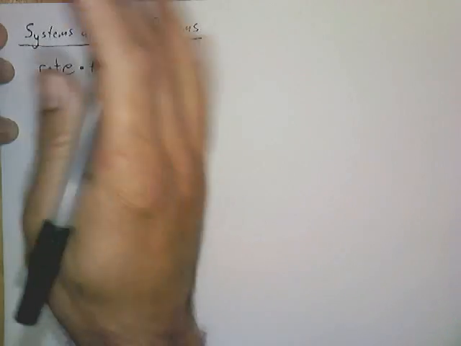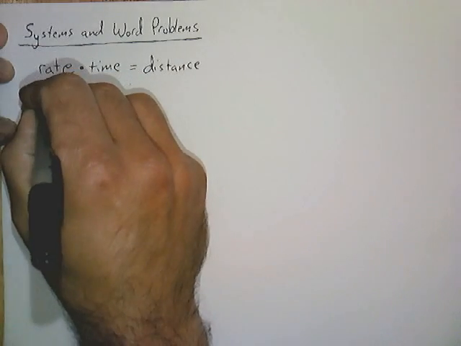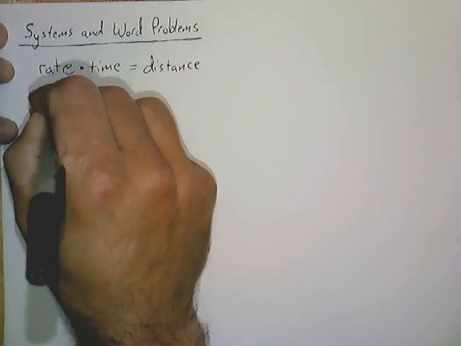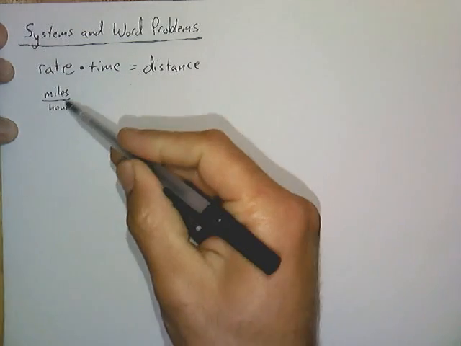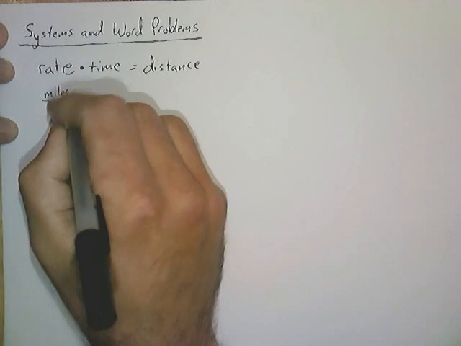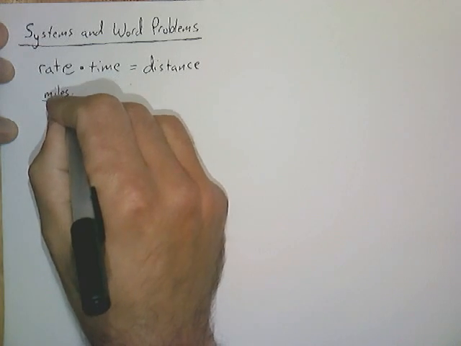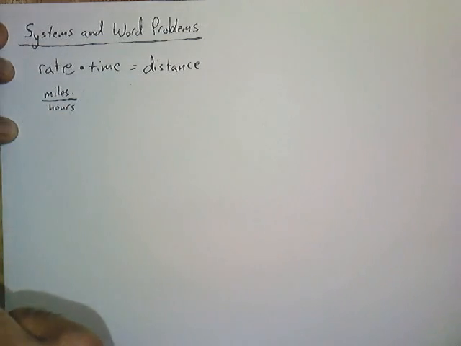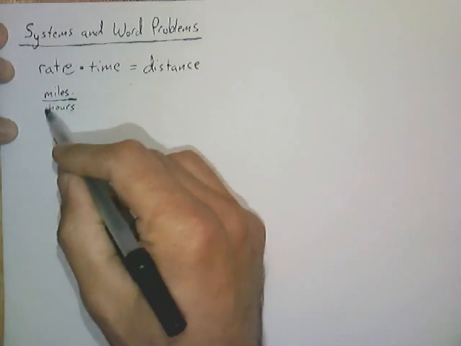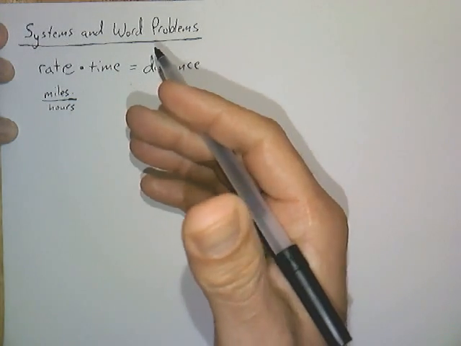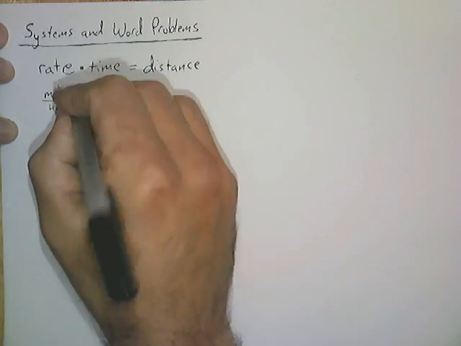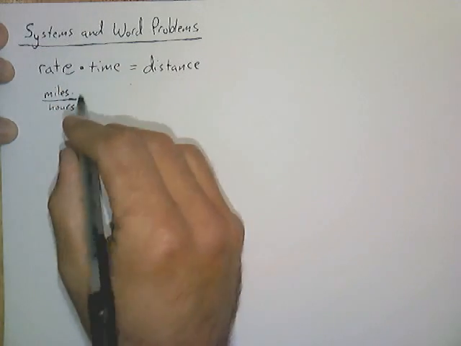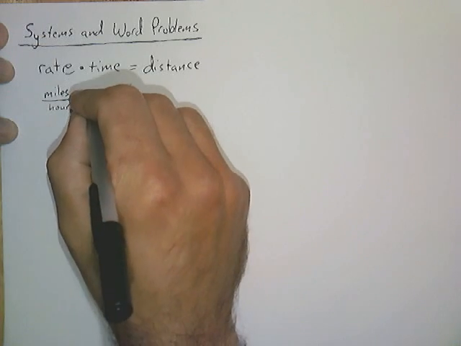In this case, we might look at the units for rate as, say, miles per hour, right? Which means a certain number of miles divided by a certain number of hours. Normally we want the number of hours to be 1, so we get a unit rate, but it's not really necessary. We have the rate in miles per hour, and we're going to multiply that by time, hopefully in the same units as what's on the bottom here.